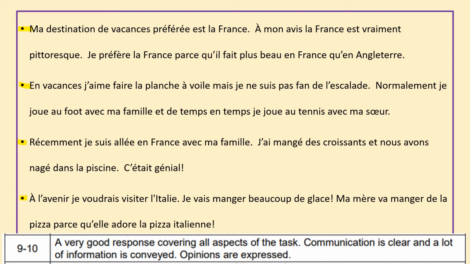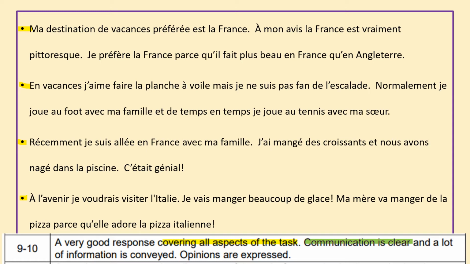So I've covered all aspects of the task here. I've written just over 100 words, so I've written the right amount so the examiner can see that I've given a good response, I've answered them all. And obviously, because I'm creating a model for you, my communication is clear.